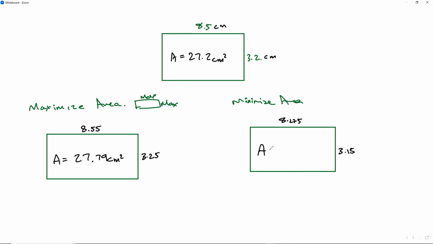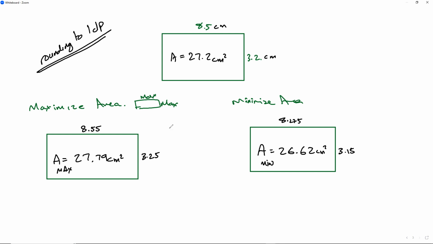So the area becomes 26.62 centimeters squared for that part as well. And so we have our maximum area possible, and we have our minimum area possible, and we have our original area possible, given that we are rounding to one decimal place. That's all we needed to know.